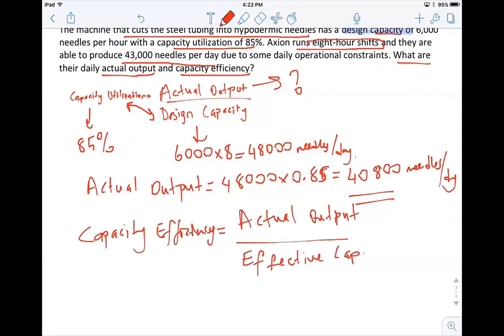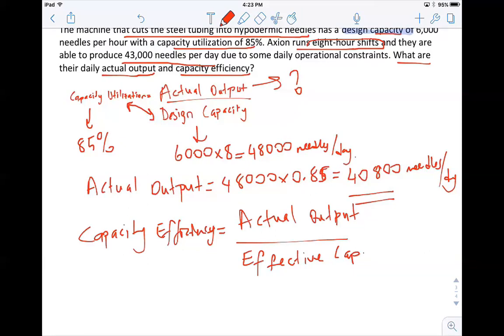So what's the difference between effective capacity and design capacity? This is a very key topic, and I want each one of you to grasp this. The design capacity is by design, without even doing any manufacturing. Whenever people design this manufacturing environment, they estimate that their capacity should be 48,000 needles per day. Of course, certain things happen every day that prevent you from reaching the design capacity limits.